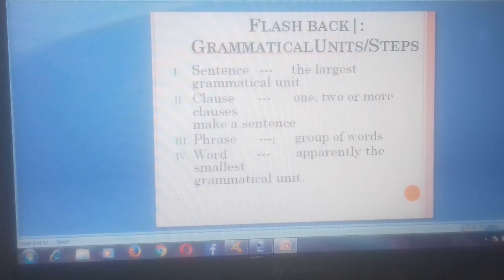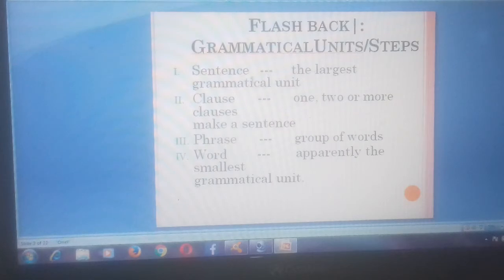Before entering into the discussion, we must be sure that we have the basic idea about grammatical units or steps. If I ask what is the largest grammatical unit, the answer must be sentence.